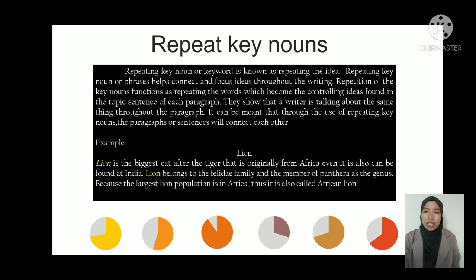Let's see: in the first sentence the writer says lion is the biggest, and in the next sentence the writer adds the word lion, and in the last sentence the writer still adds the keyword lions.